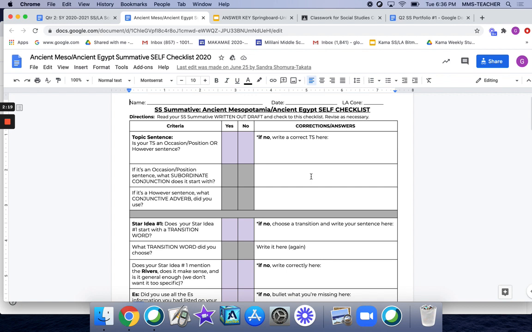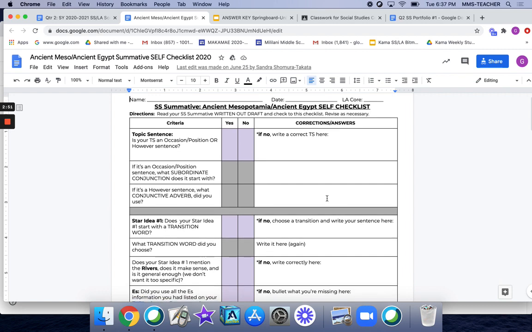Okay, so go ahead and write down what is the subordinate conjunction you use to start it with. If it's a however sentence, then write down the conjunctive adverb that you use. Okay, so if you use an occasion, position topic sentence, you will write your subordinate conjunction. But if you didn't use that and you use a however sentence, then you'll fill out here your conjunctive adverb. Okay, so it's one or the other.